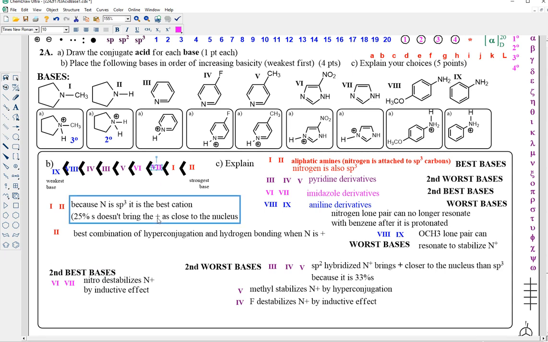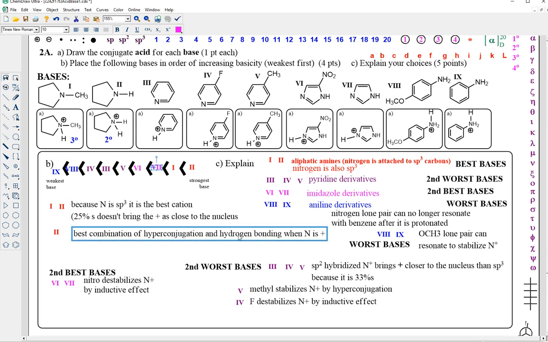So, brief explanation of best to worst again. We have the two aliphatic amines, secondary being better than tertiary because, when you're comparing 1 and 2, the 2 has the best combination of hyperconjugation and hydrogen bonding when N is plus, and that's when it is a secondary.